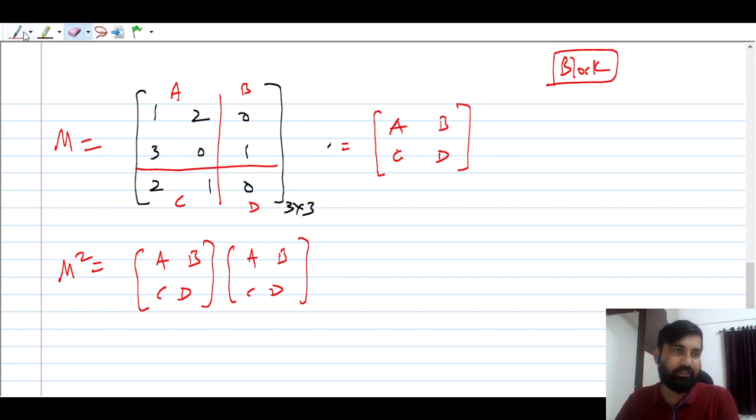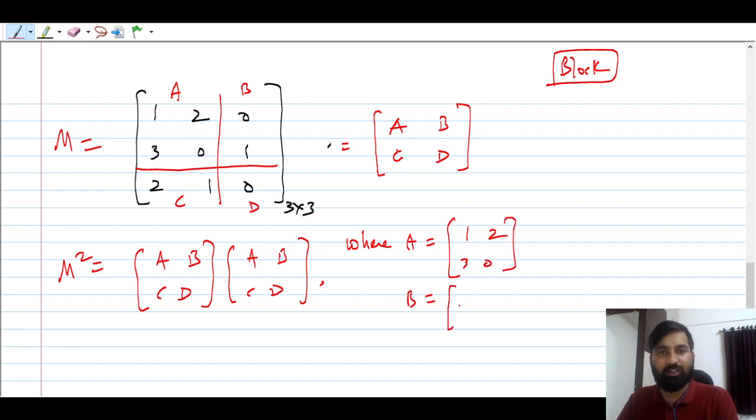What is A? A is nothing but 1, 2, 3, 0. B is nothing but 0, 1. These are matrices only. C is nothing but 2, 1, and D is nothing but the null matrix.